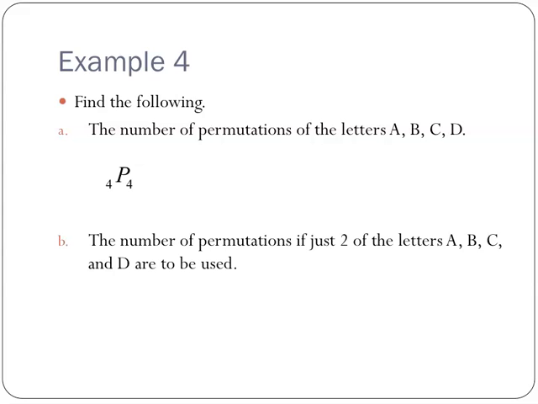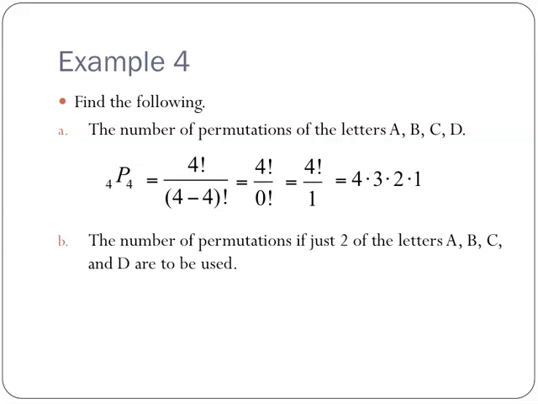And using the formula, we have 4 factorial up on top, and on the bottom we have 4 minus 4 factorial, and you can see where the 0 factorial now comes into play. So 0 factorial is equal to 1. So now we have just 4 factorial, which is 4 times 3 times 2 times 1, which is equal to 24. So there are 24 ways that we can rearrange those 4 letters A, B, C, and D.